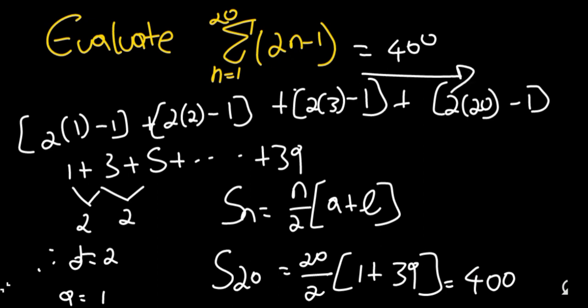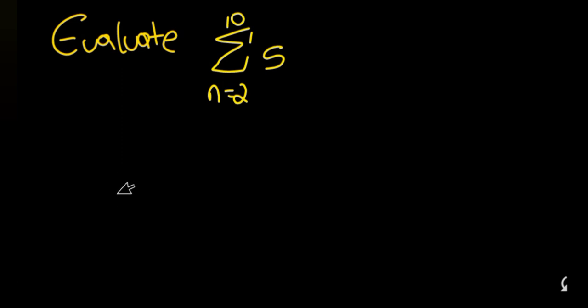Let us try another problem. By the way, feel free to pause the video and try this problem. So if you are given a sigma of a constant value, in our last problem the sigma was starting at n equals 1, but now our sigma starts at n equals 2.